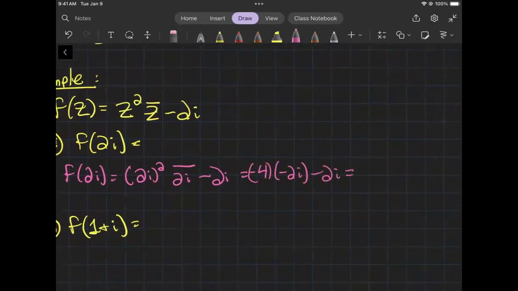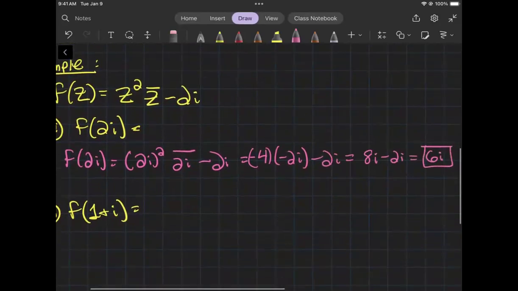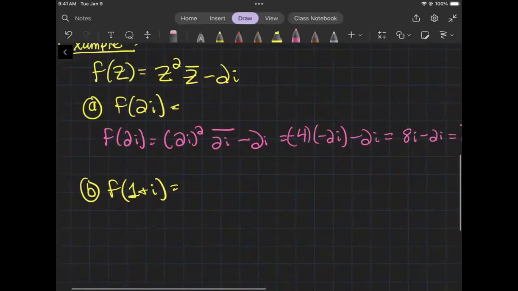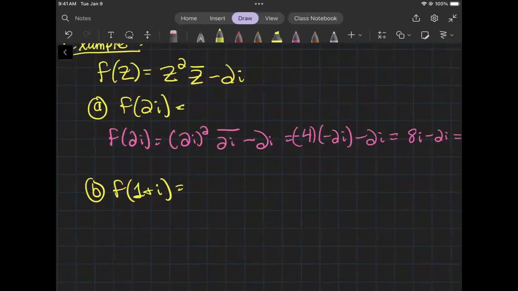And so this equals 8i minus 2i, which is 6i.